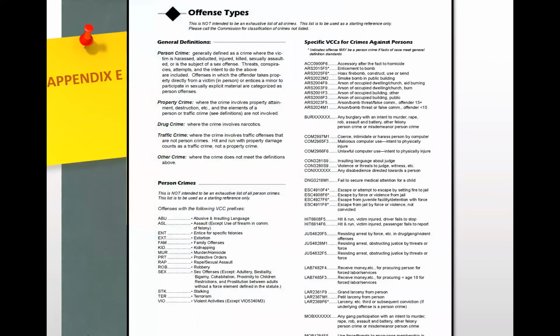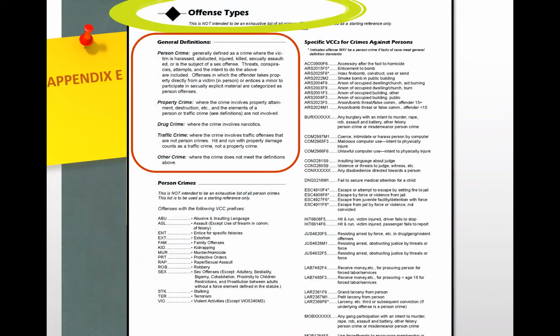Appendix E will be the comprehensive list of all the offense types. You'll find the general definitions in the upper left-hand corner, and directly below are the VCC prefixes that fall under the person crimes category. Those crimes such as assaults, murders, robberies are offenses that would fall under the person crimes.